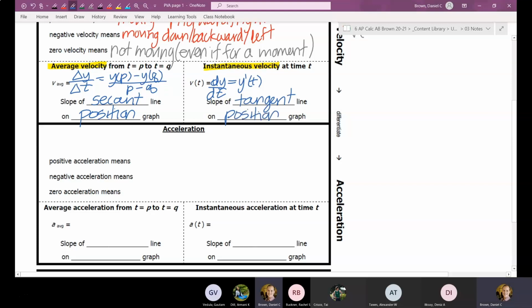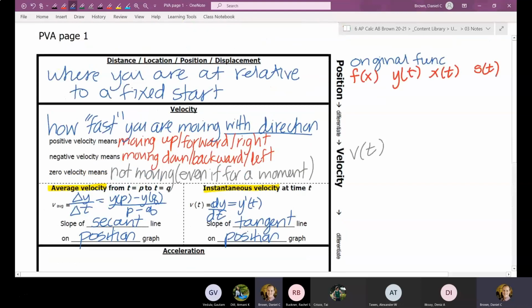If you're looking at this handout, you can see where we're headed with this. I have position written along the side. You take the derivative of position, and it's going to give you velocity. So we can think of velocity as literally the derivative of position.